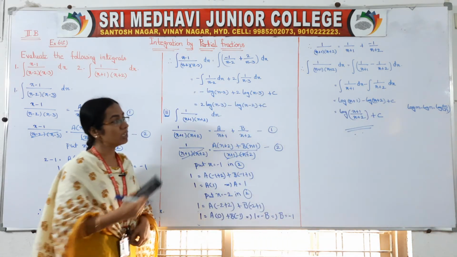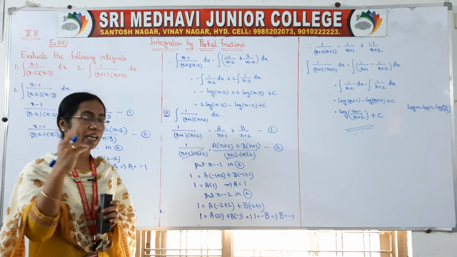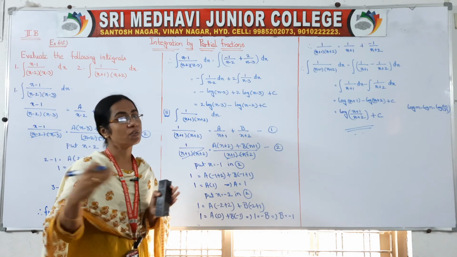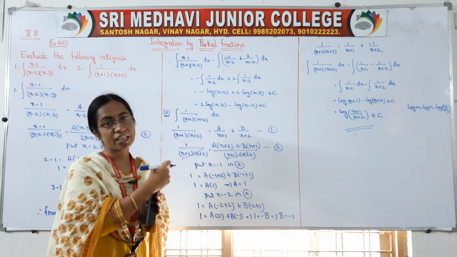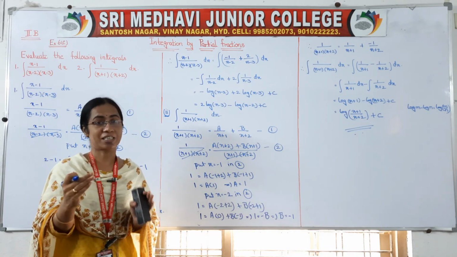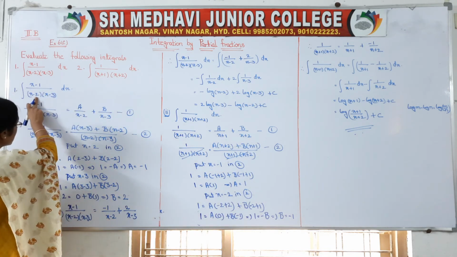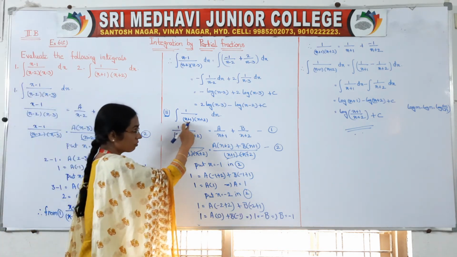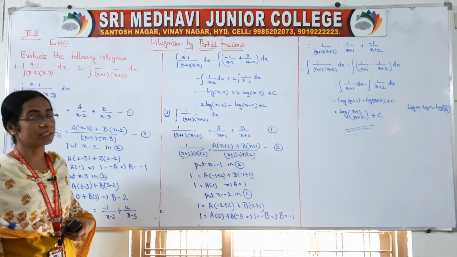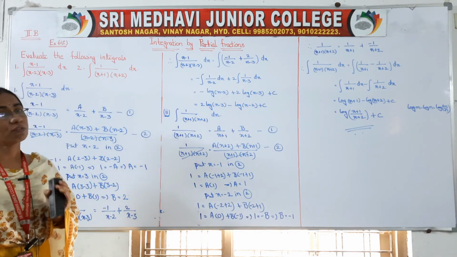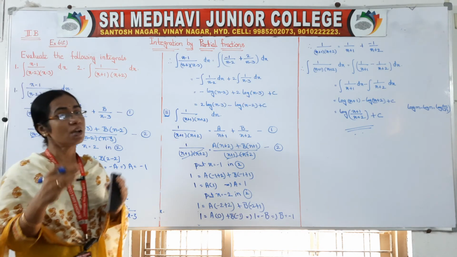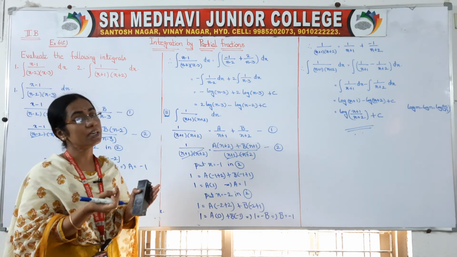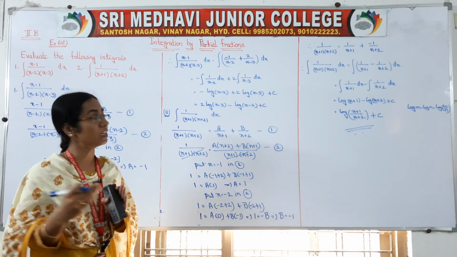Okay, so observe carefully. In partial fractions also, according to the given fraction, we have to select the method. If different linear factors are there, see, in this problem this is one linear factor, this is another linear factor. Here also, this is one linear factor, this is another linear factor, isn't it? If different linear factors are there in the denominator, for each linear factor we have to take one fraction, then find the A, B values, then substitute.